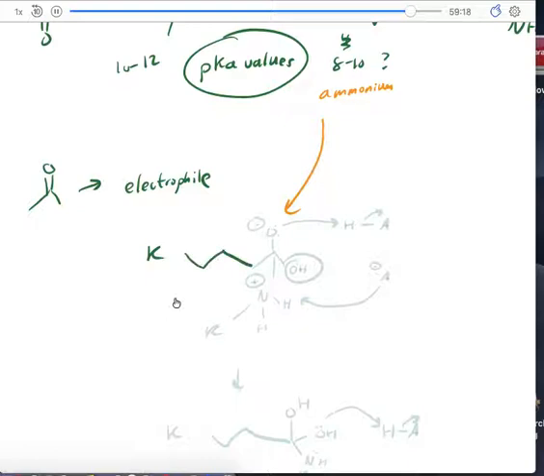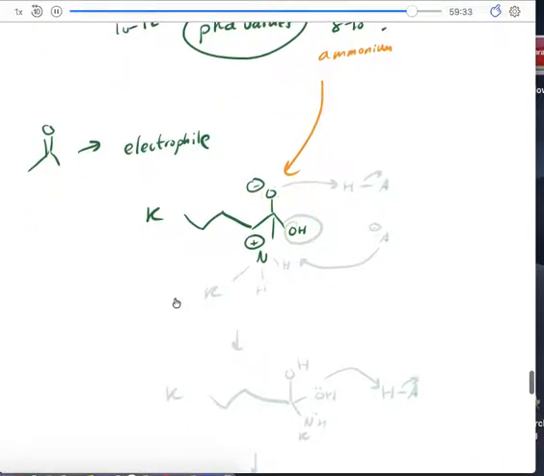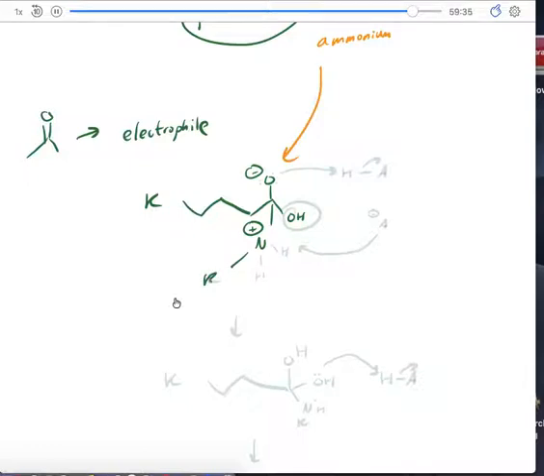We've got O minus, OH, and then NH2 plus, because we have that R group over there.